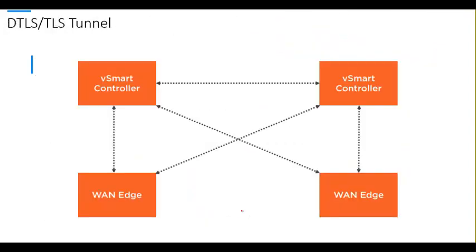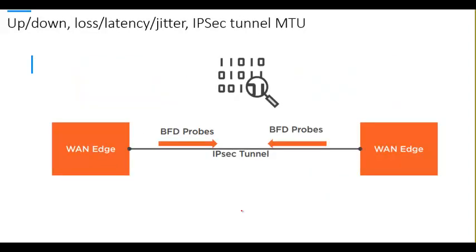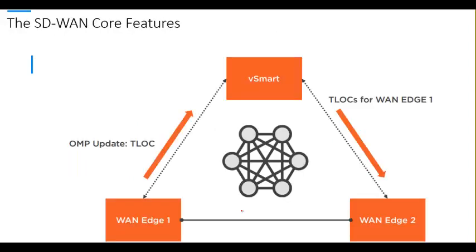See, these things I think we have covered: DTLS, TLS we finished, OMP we finished, BFD we finished. See, this is what we are talking about. The T-log information is distributed. It's the vSmart which is there.